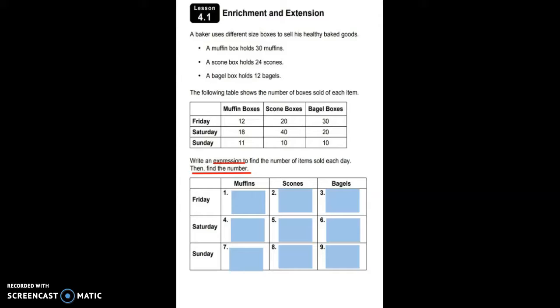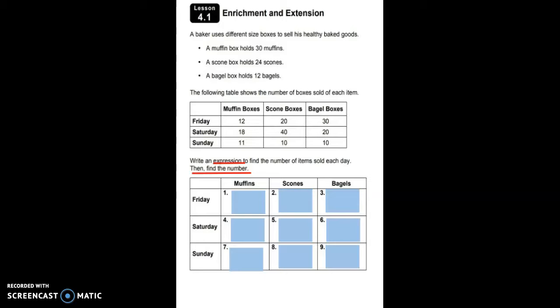Now the next page is all a word problem. Let's read it together. It says, a baker uses different sizes boxes to sell his healthy baked goods. I could use a muffin right now. A muffin box holds 30 muffins. A scone box holds 24 scones.